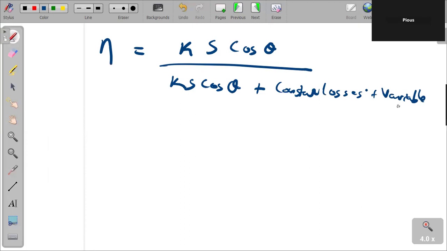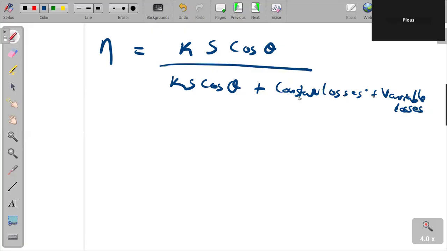As a matter of fact, we do not have frictional losses on the transformer, because it doesn't have any rotating parts, right? So there we are: constant losses plus the variable losses.